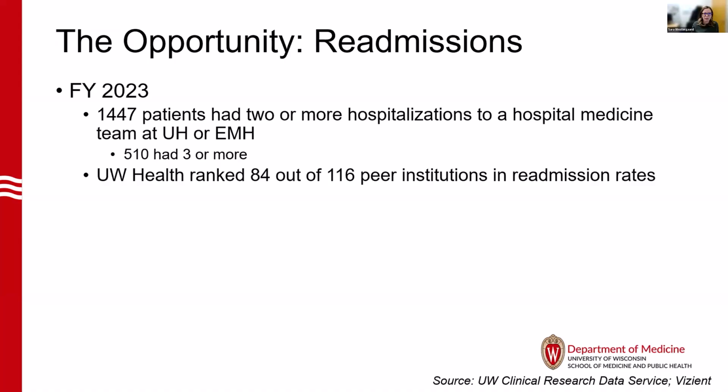In fiscal year 2023, there were nearly 1,500 patients who had 2 or more hospitalizations to a hospital medicine team at either University Hospital or EMH. 510 had 3 or more. And compared to other peer institutions, UW Health ranks relatively poorly in terms of their readmission rates.